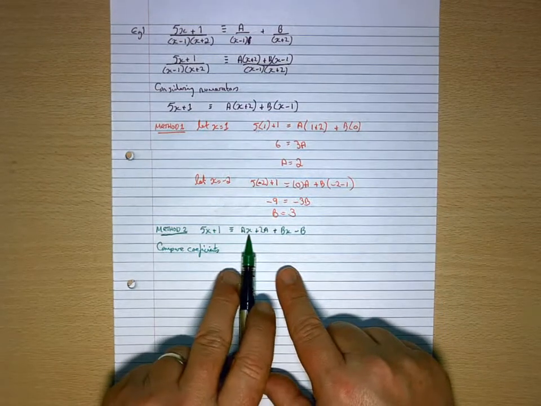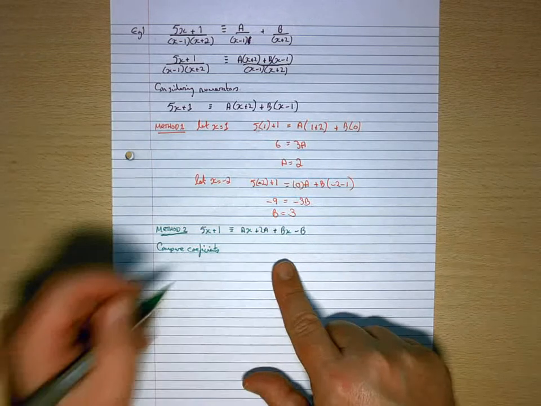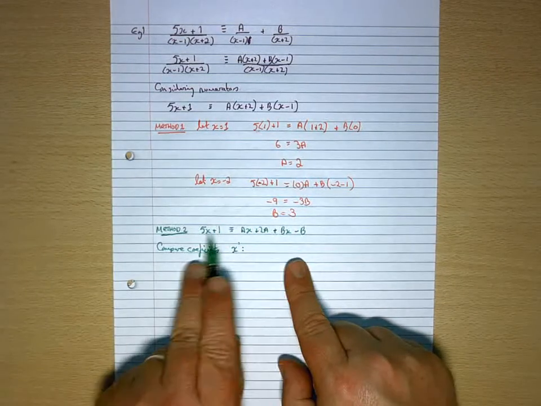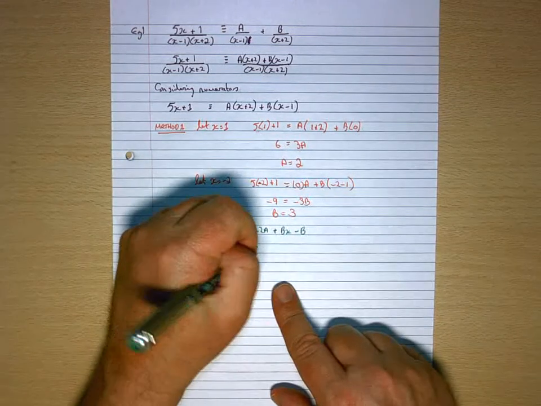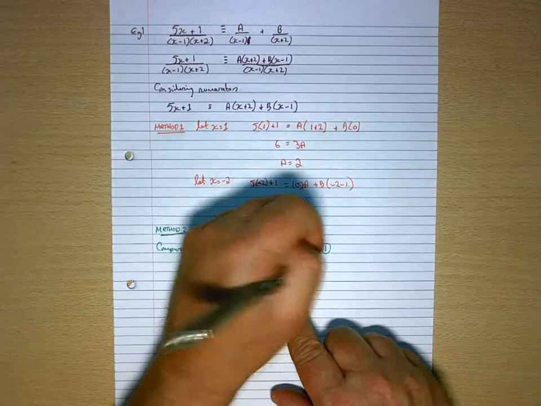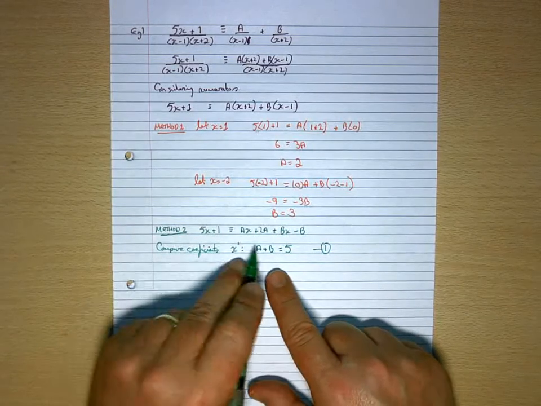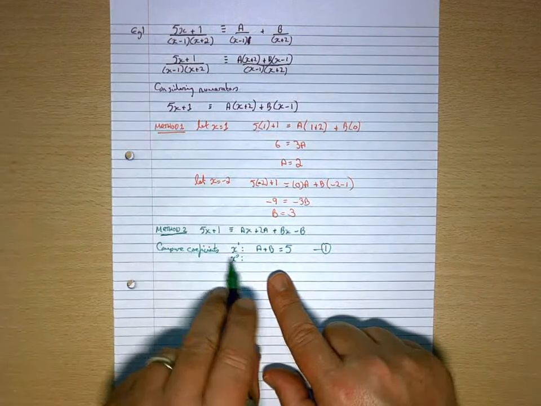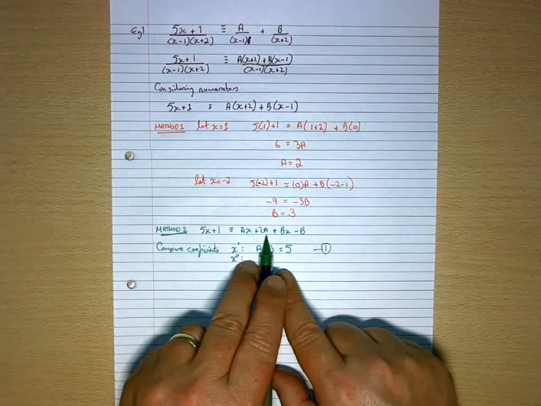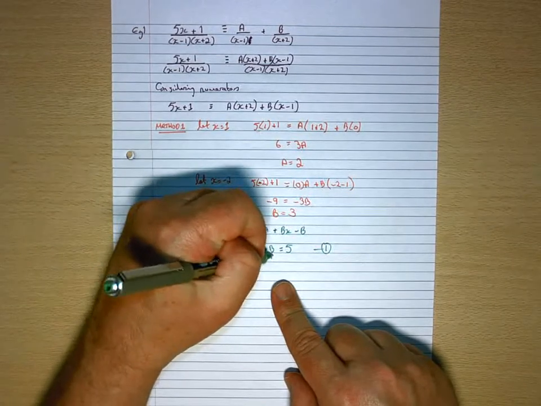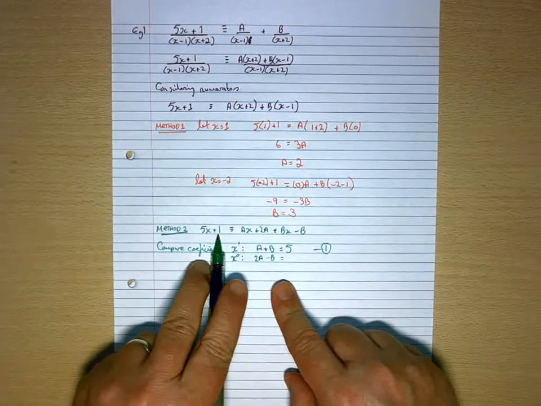So in this instance we've got x coefficients, which are x to the power of 1. So we have a plus b is 5. Equation 1. And then the numerical ones, so x to the power of 0, anything to the power of 0 is 1. I'm going to have 2a minus b equals 1.